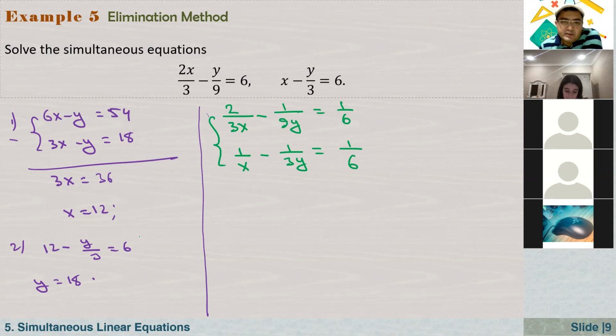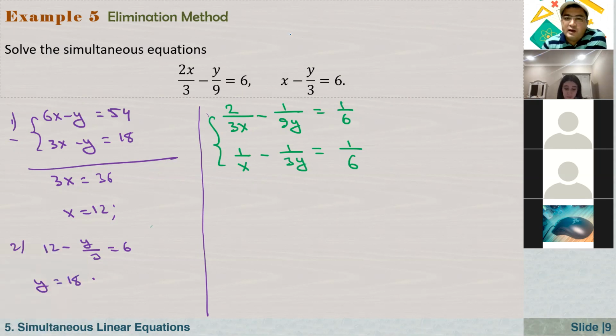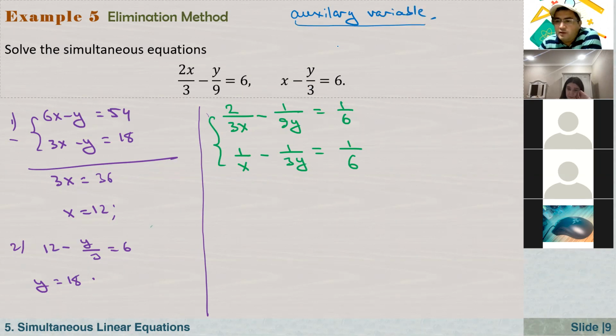So what I suggest in this case is, let me introduce something new. In math, we call this an auxiliary variable. Auxiliary means helping variable, right? Also, in English grammar, we have the auxiliary verb: in "I am going to school," "am" is called an auxiliary verb.